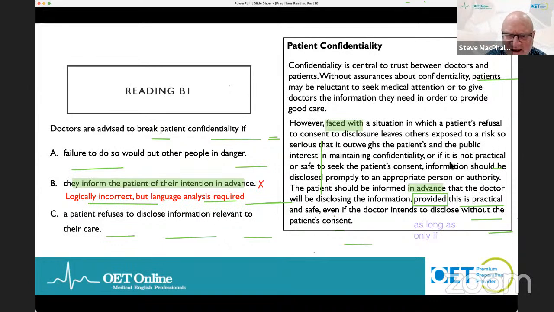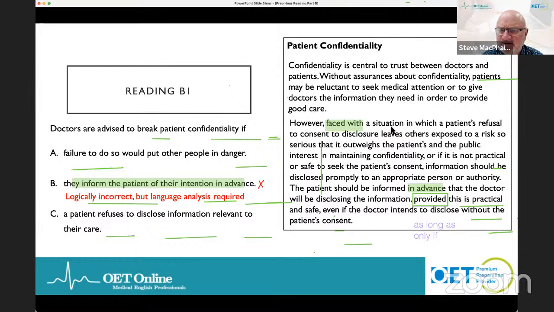What does it say here? It says, faced with a situation in which a patient's refusal to consent or disclosure leaves others exposed to risk, or if it is not practical or safe to seek the patient's consent, information should be disclosed promptly.